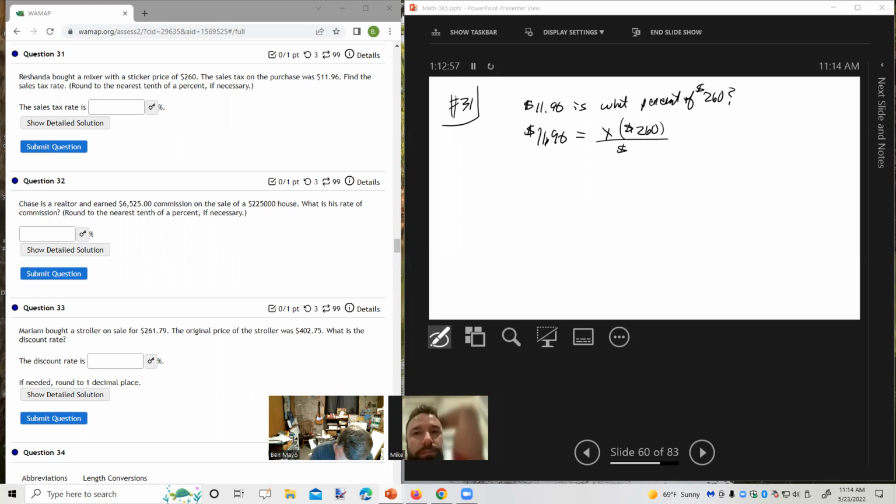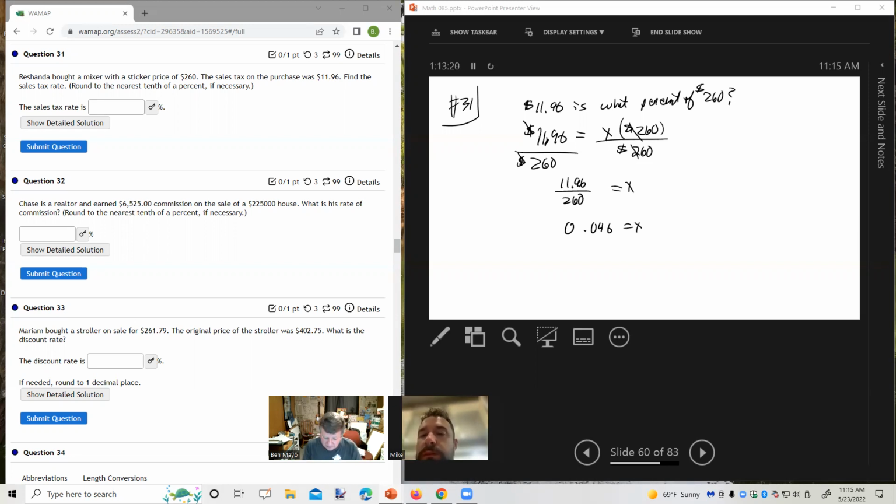We'll divide both sides by $260. The dollar signs go, so we have 11.96 divided by 260. And we get 0.046 equals X.